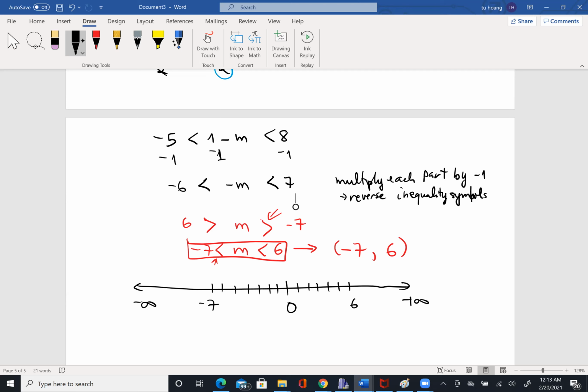So you know that the graph is from negative 7 to 6, not inclusive, and we just have the set from negative 7 to 6.